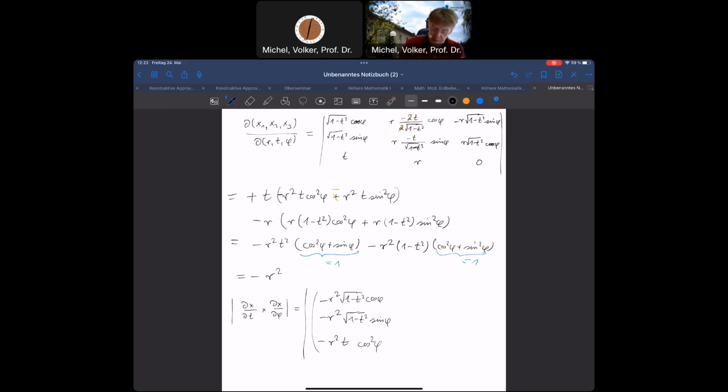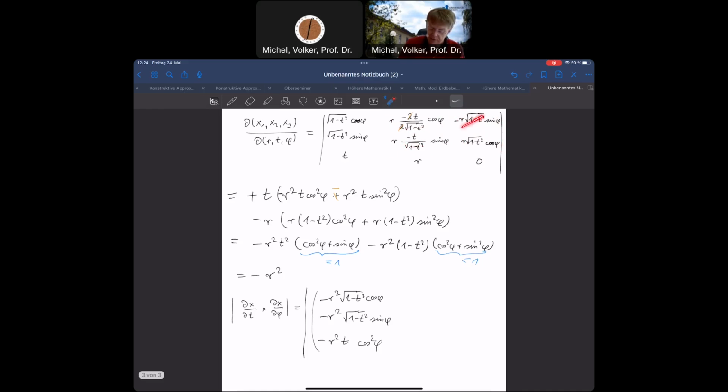So, and the other one, so that was this with that. Now we need minus this with that. The minus is good because this cancels out that here. So we get a plus, this with that plus, r squared again. It's r squared. The square root cancels out. And then we get another minus and a t. So it's again r squared as we have here, and we have a minus t.